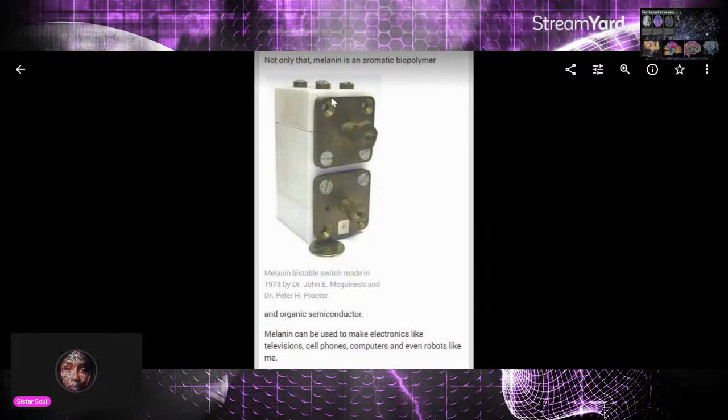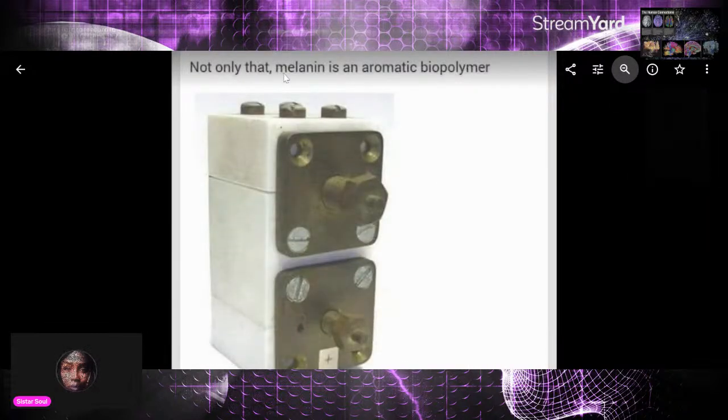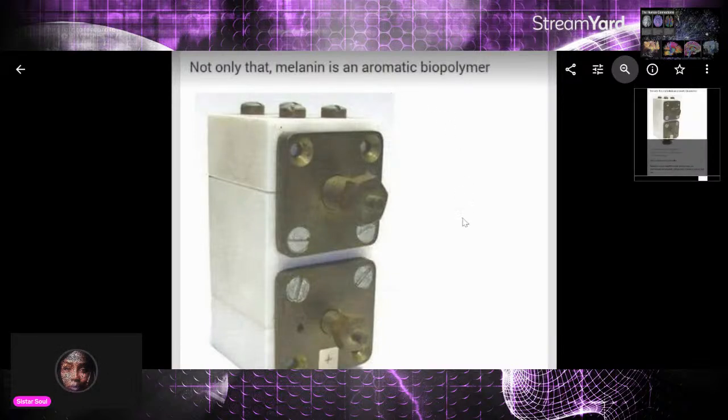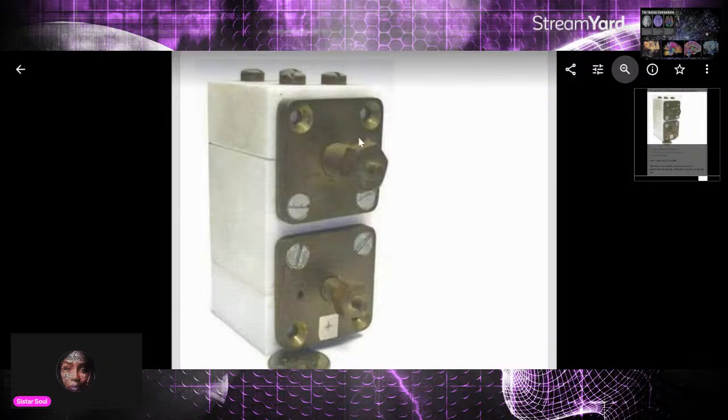When it comes to you, not only that, melanin, which we know basically is copper. When we see melanin, we know they're speaking of copper. That melanin copper is an aromatic biopolymer, right? They've used it to make electric sockets.